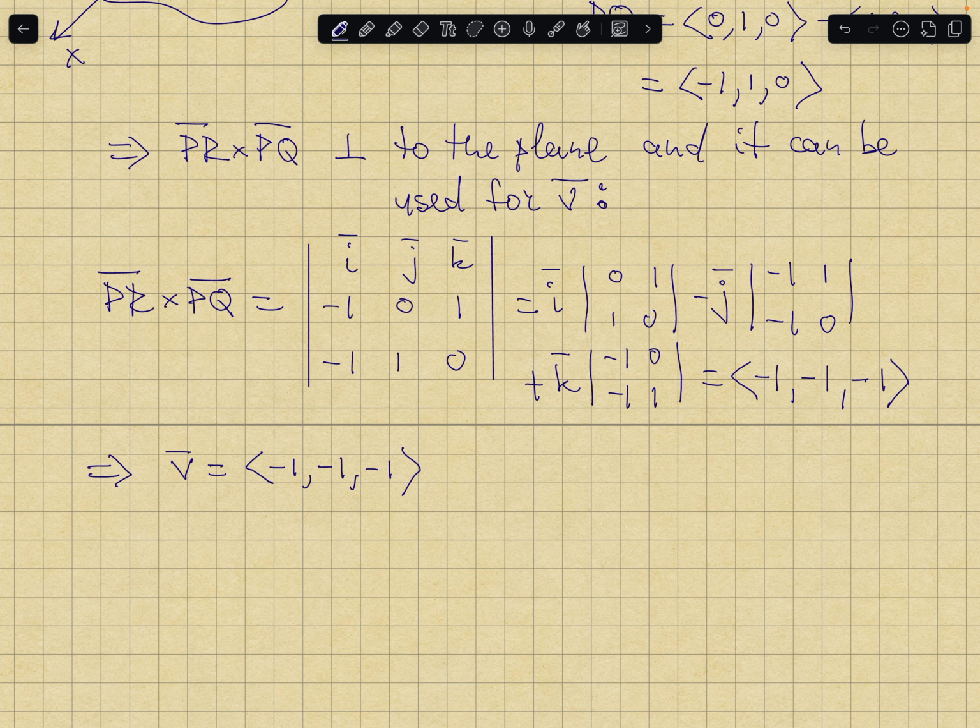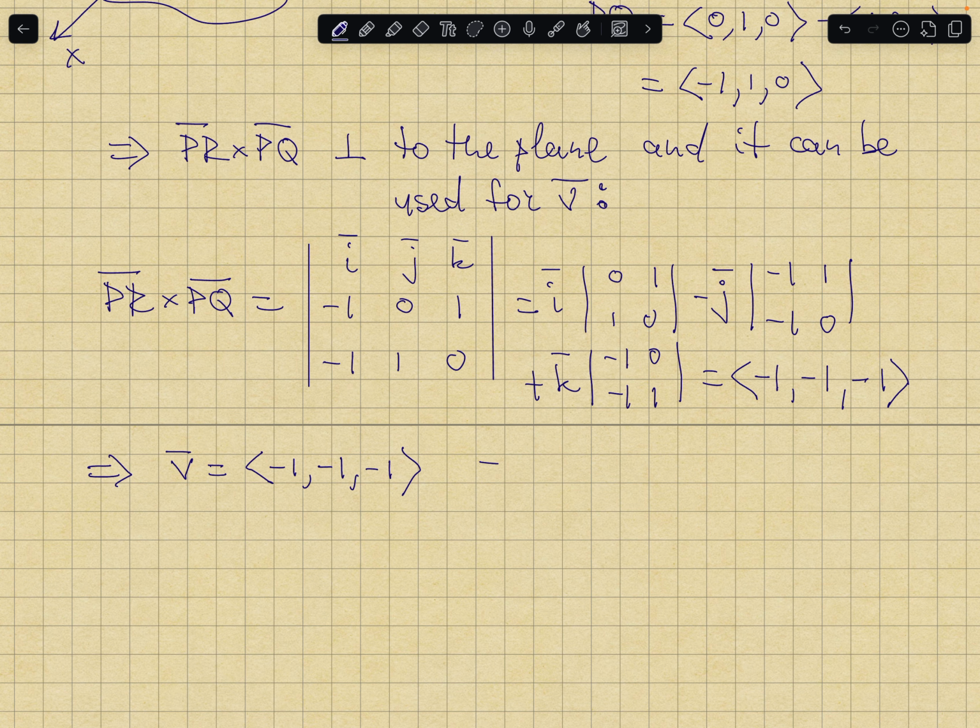If v is perpendicular to the plane, and I multiply it by any constant, it's still going to be perpendicular to the plane. So for example, if -1, -1, -1 is perpendicular to the plane, then so is 1, 1, 1, or 2, 2, 2, or -2, -2, -2. All of these vectors are parallel and can be used in place of v. So v does not have a unique choice.